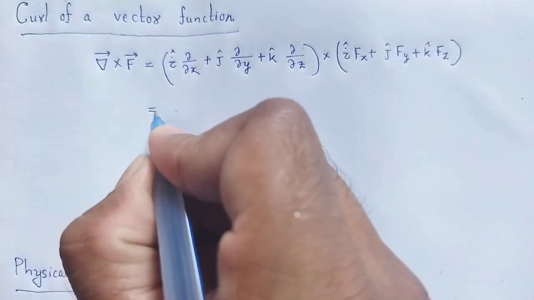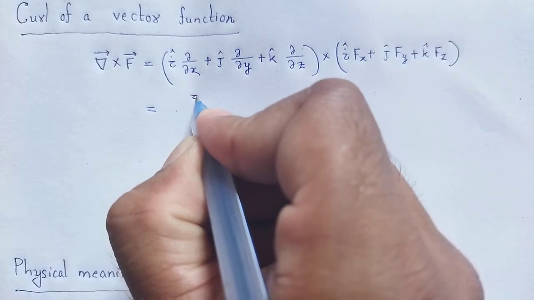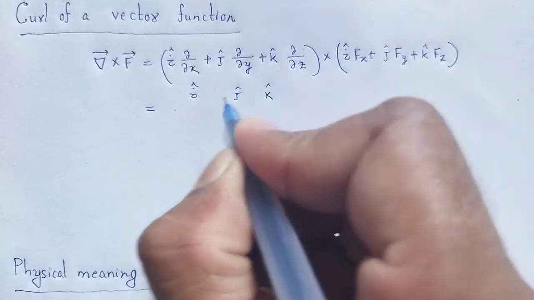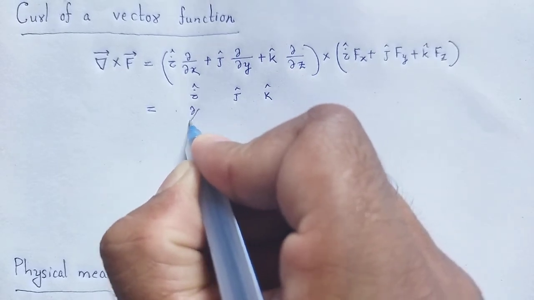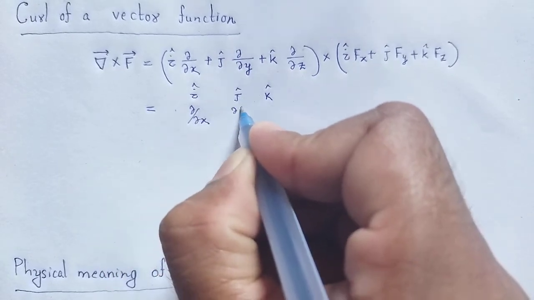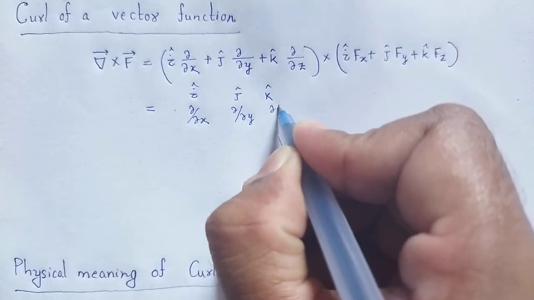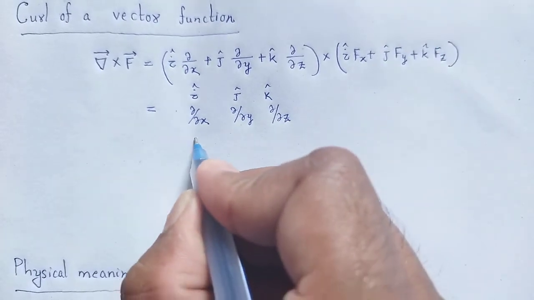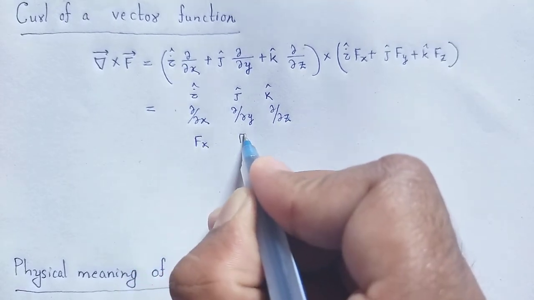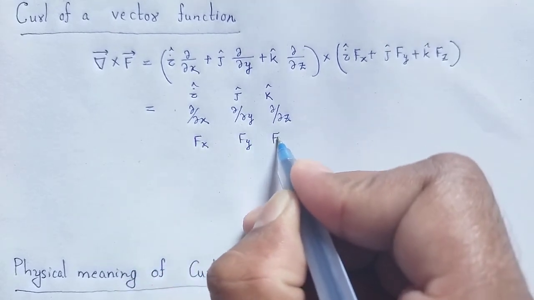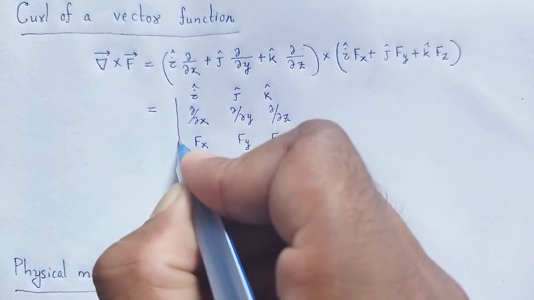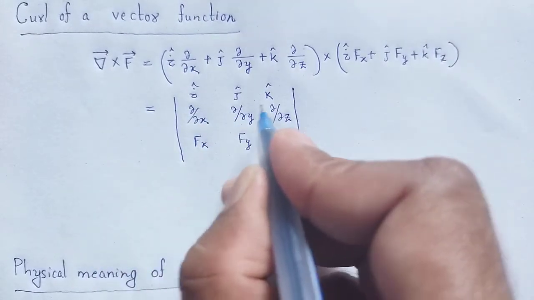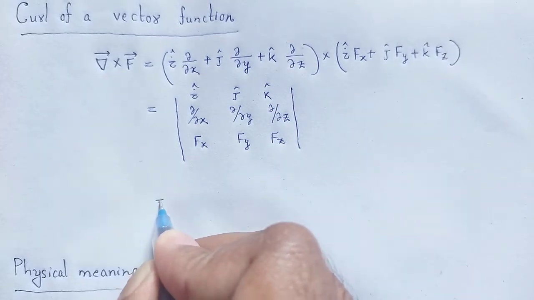It is equal to, we can write, the determinant with rows i cap, j cap, k cap; del by del x, del by del y, del by del z; fx, fy, fz. Now we expand that determinant.